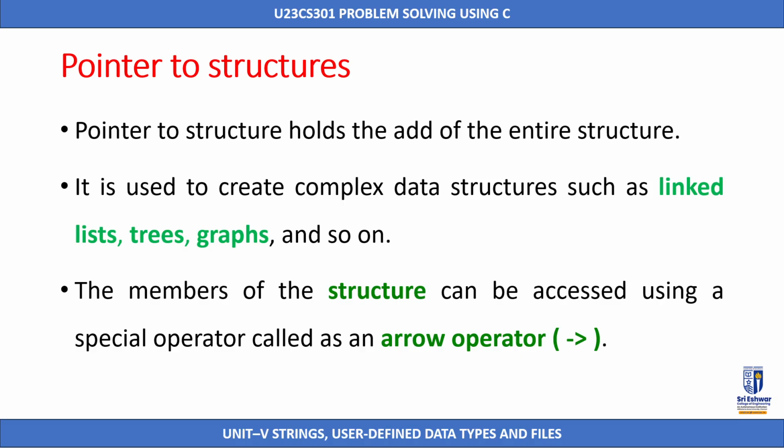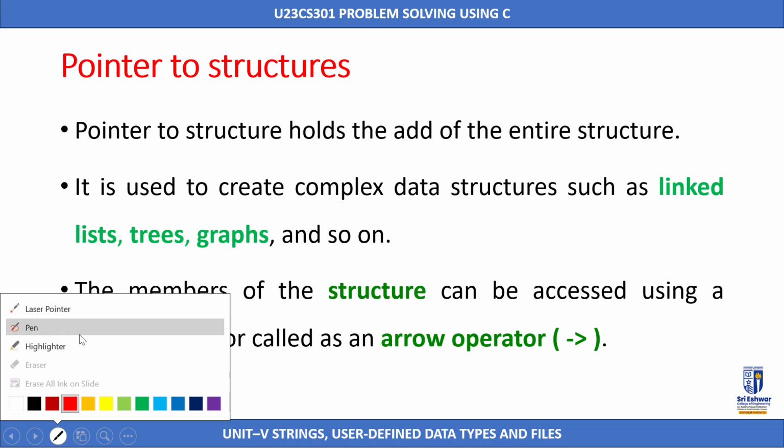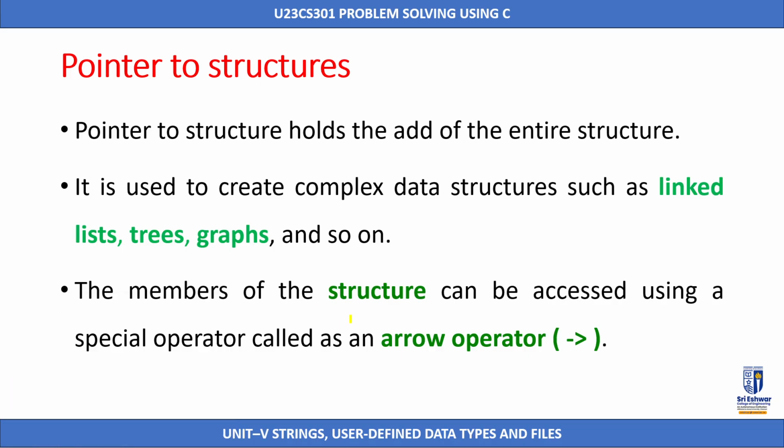Before going to this, we have already discussed accessing the structure variables, or data members. We have done two things: one is the member operator and another one is the arrow operator. Since we are using the pointer concept and DSA, we will concentrate more on the arrow operator rather than the dot operator.